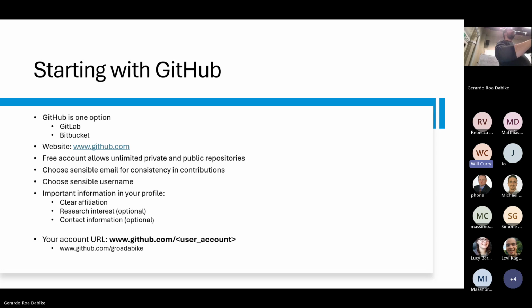You can connect your papers and the emails you have in the papers with the GitHub account, so it's easy to find you and find anything you're sharing there. As well, the username. In my case, the email is my personal email, and the account is basically my name, so it's really easy to find me.